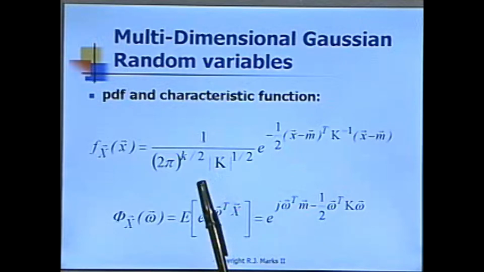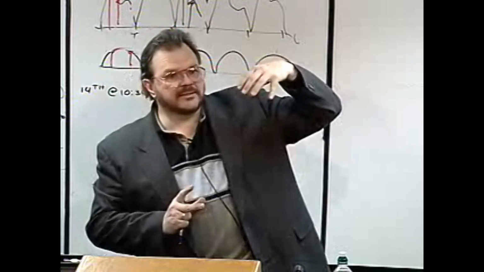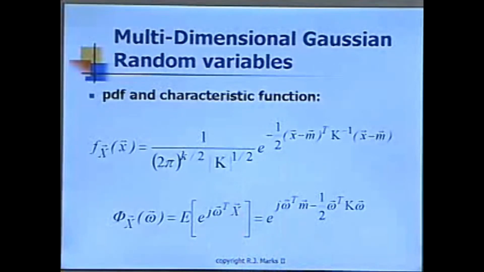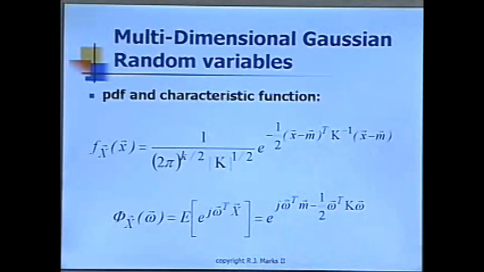If you recall, we visualized this as kind of an elliptical cloud in this k-dimensional space. How long and skinny it was, or whether it was circular, is determined by the covariance matrix. Where it was centered in this k-dimensional space is determined by the mean value, m.